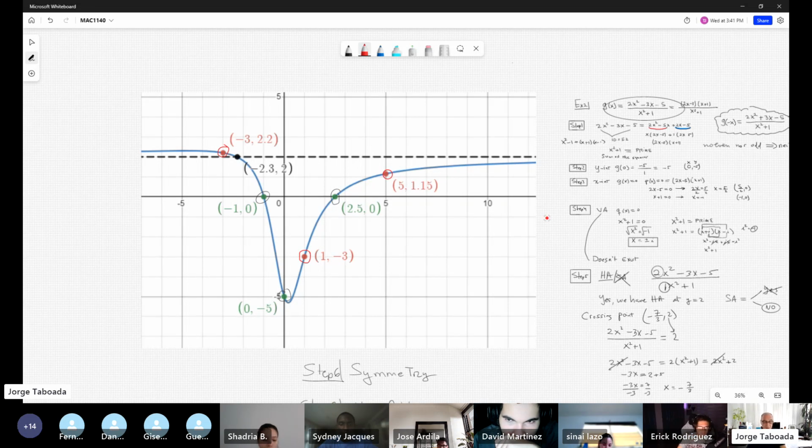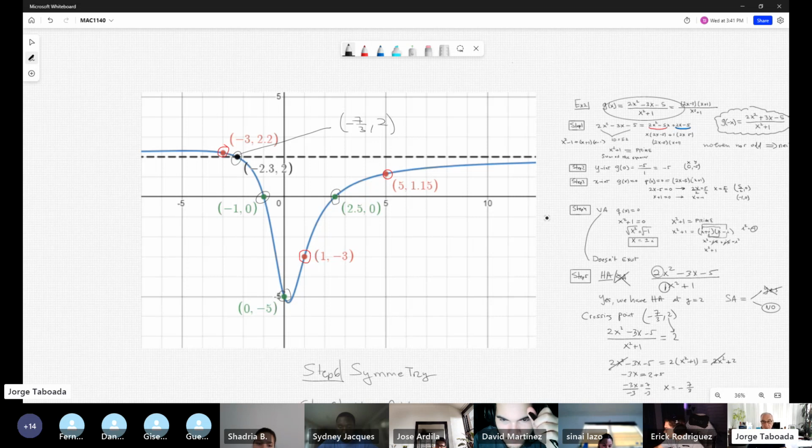Now the super important crossing point is this. I remember it was -7/3, 2. This is a fraction, but in decimal it is -2.2.